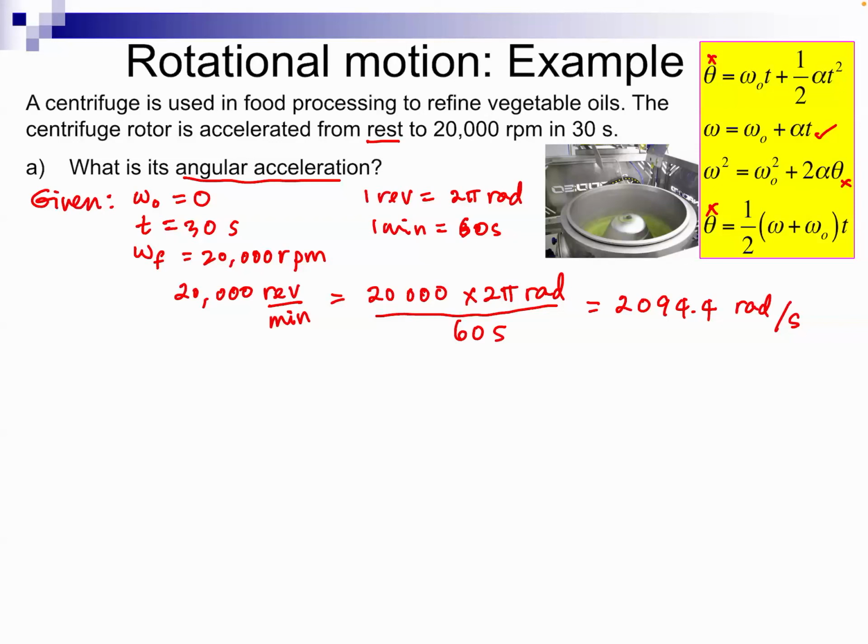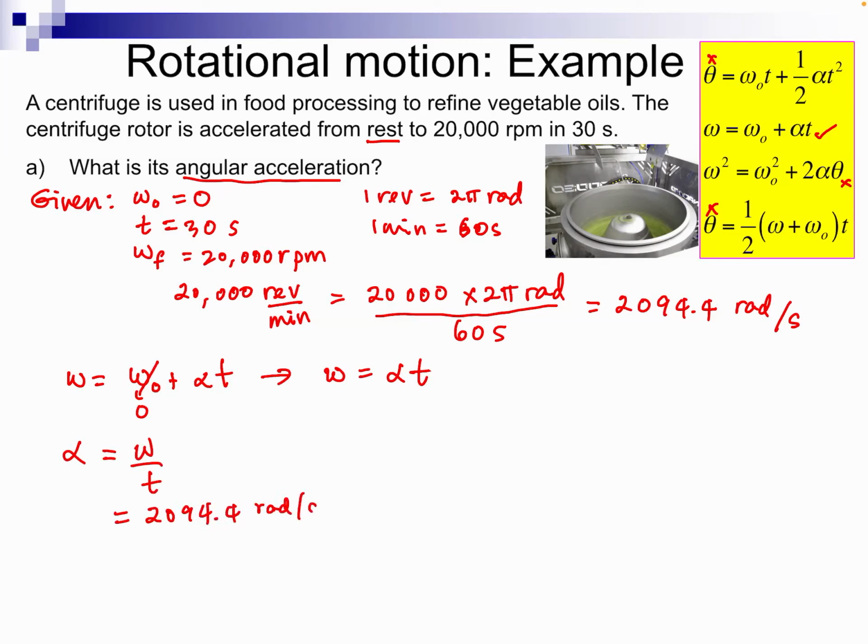Right, so we have omega is equal to omega naught plus alpha t. The initial angular velocity is 0, so this one is 0. Therefore, omega is equal to alpha t, or you can then find the angular acceleration alpha to be omega over t, 2094.4 radians per second divided by 30 seconds.